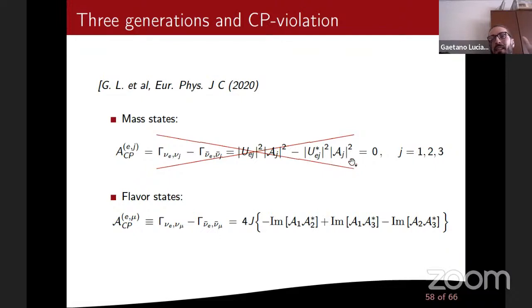Again, we don't have so far any empirical evidence of CP violation, but it is predicted by the standard model. So if we accept that the standard model is the best theory we have so far, in principle we should be able to describe also these ingredients, which can be described if you use flavor states.